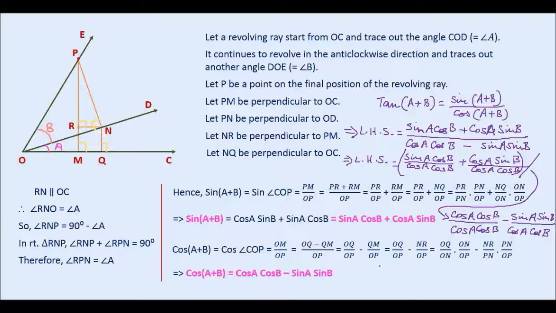So we write tangent of A plus B is equal to, coming to the numerator, sin A cos B by cos A cos B. Now the two cos B cancel, and we have sin A by cos A, which is tan A. So tangent of A plus B is equal to tan A plus, for this term, cosine A cancels in the numerator and denominator, and we have sin B by cos B, which is tan B.